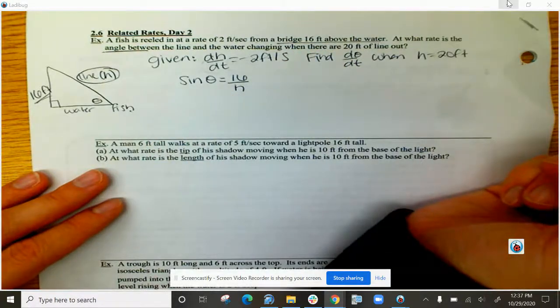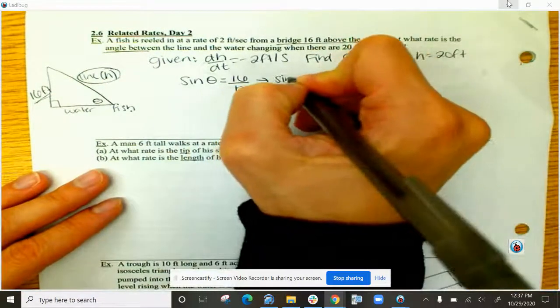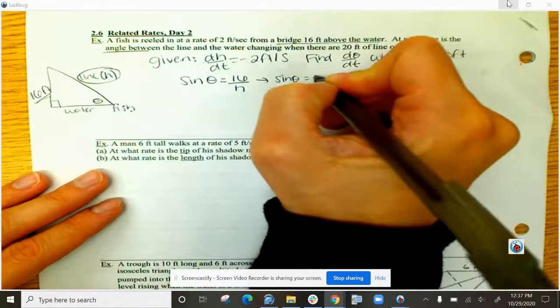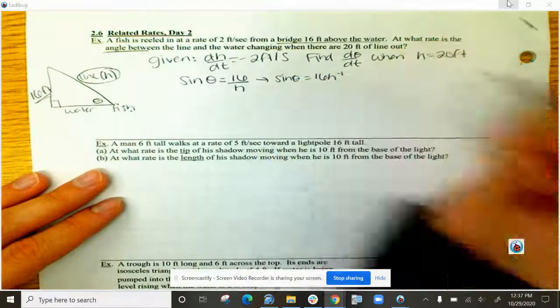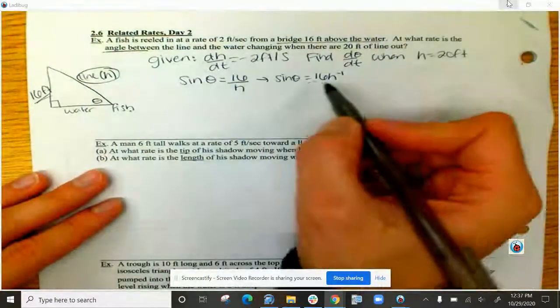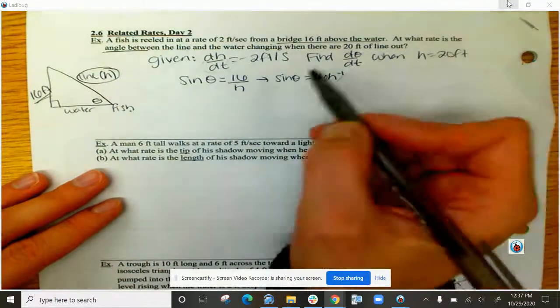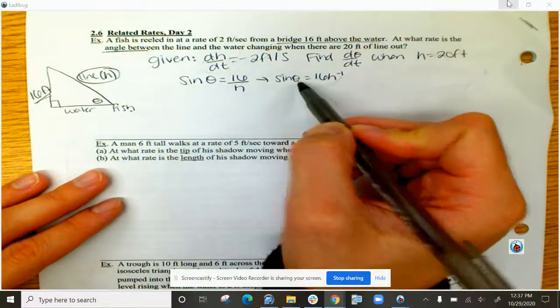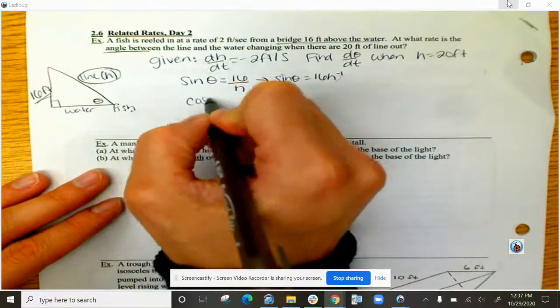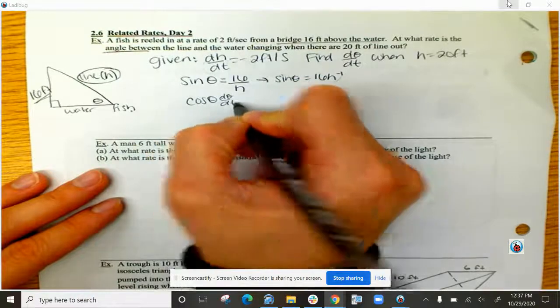And recall, if we're trying to derive this, it's easier if we write this as sine of theta equals 16h to the negative 1, because then finding the derivative is a little bit simpler. So once you have your function written, then we're going to implicitly derive it. So the derivative of sine of theta is cosine of theta. Don't forget the d theta/dt.